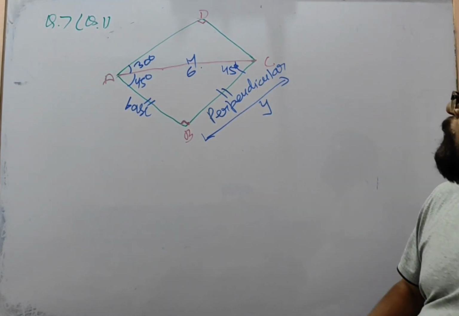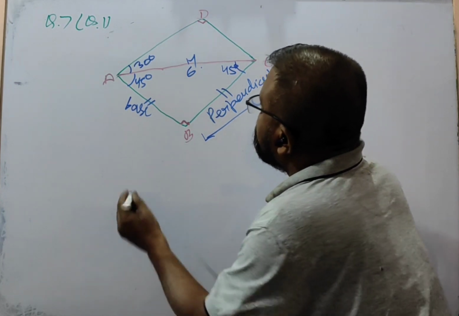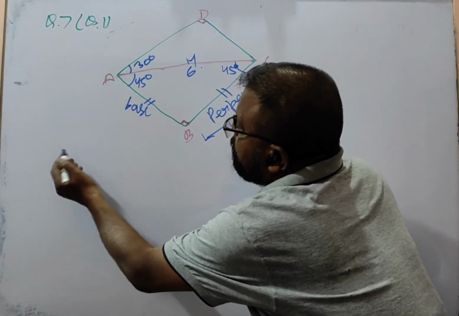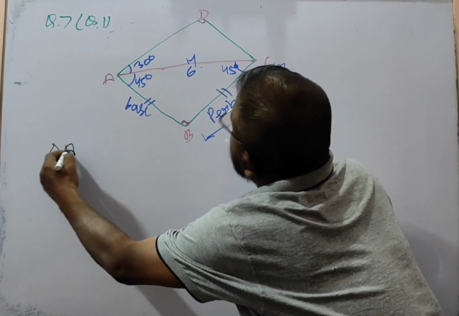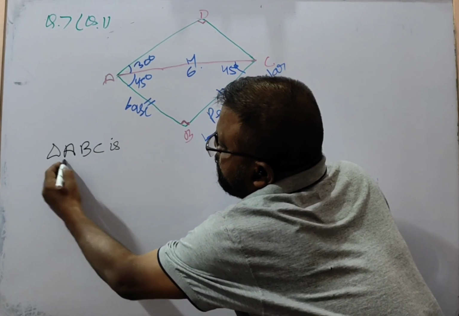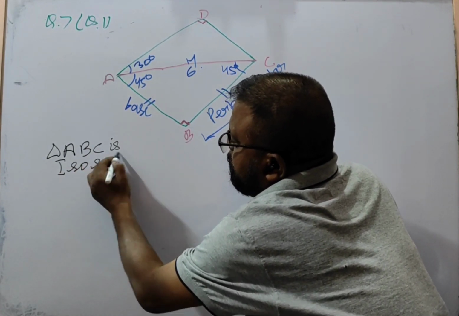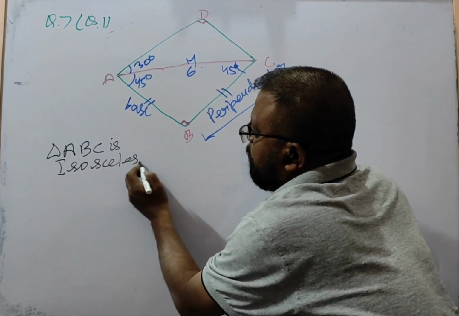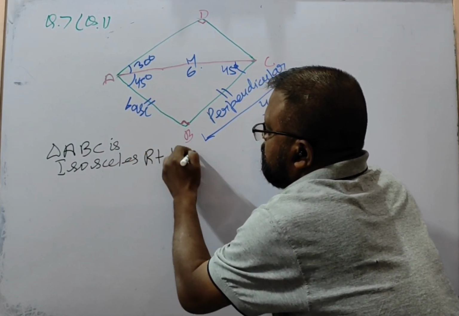We got triangle ABC, which is an isosceles right angled triangle.